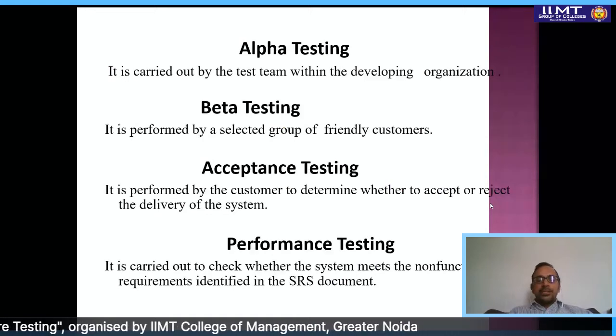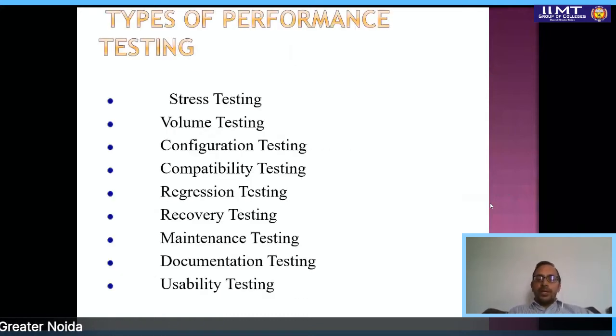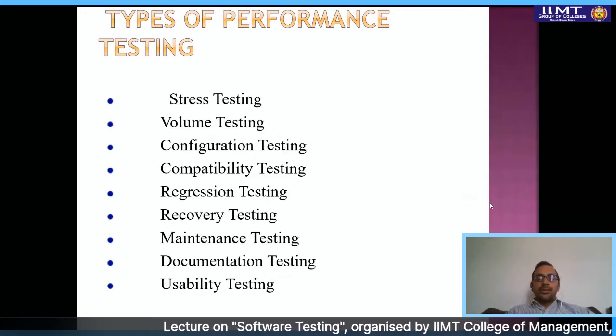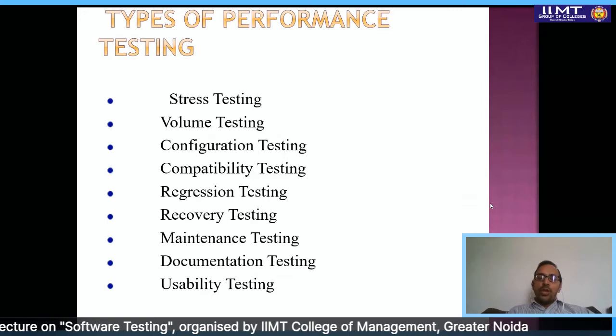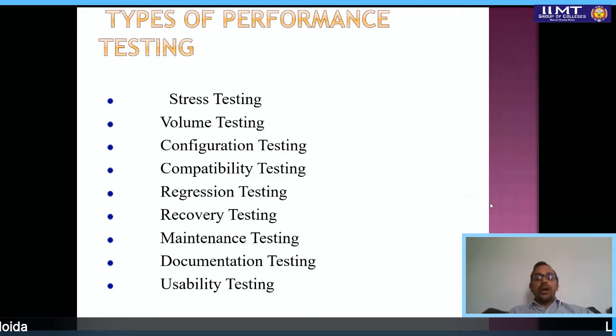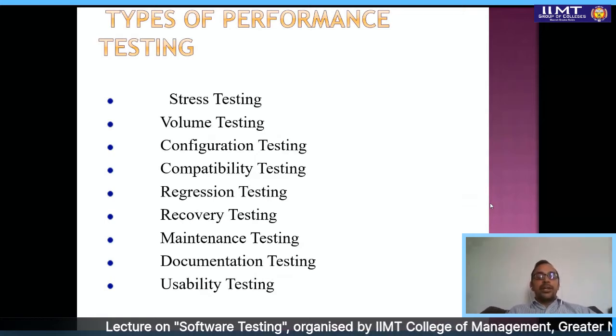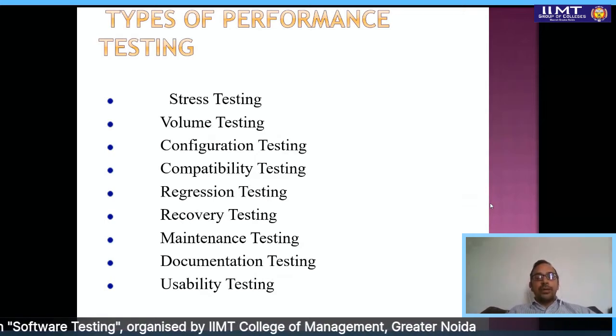Some other testing types also come: stress testing, volume testing, configuration testing, compatibility testing, regression testing, recovery testing, maintenance testing, document testing, and usability testing. Stress testing is basically a load check. Volume testing checks how many clients can be handled at a single time. Configuration testing checks how much hardware configuration is required to install the software. Compatibility testing checks hardware compatibility as well as software compatibility.